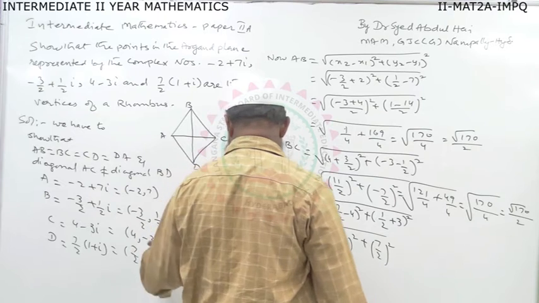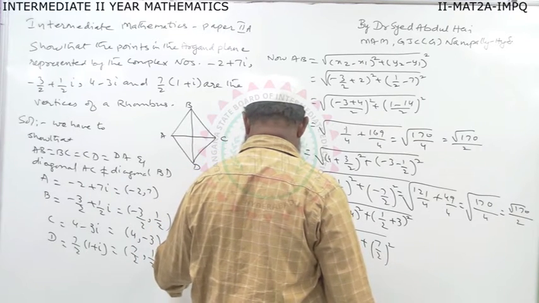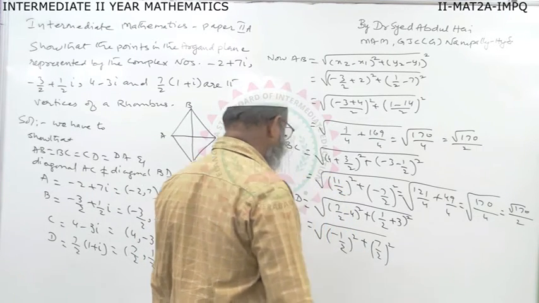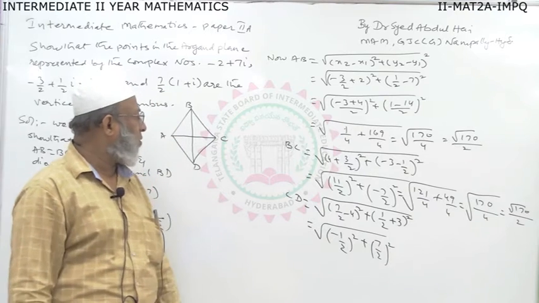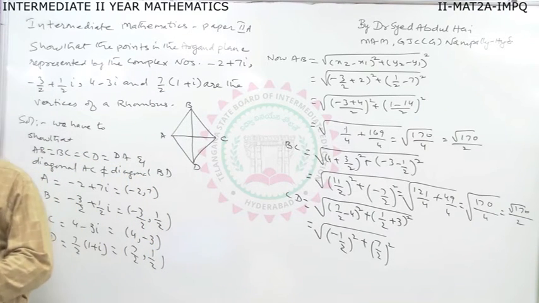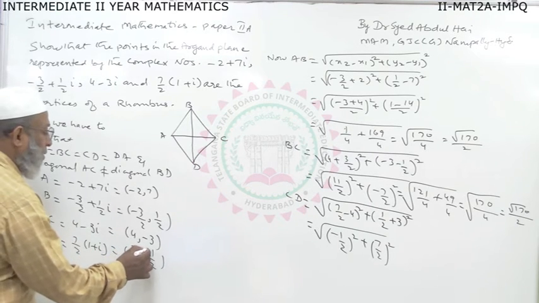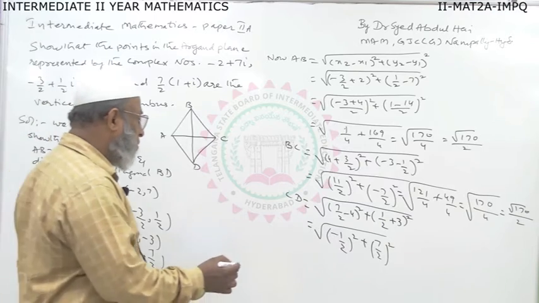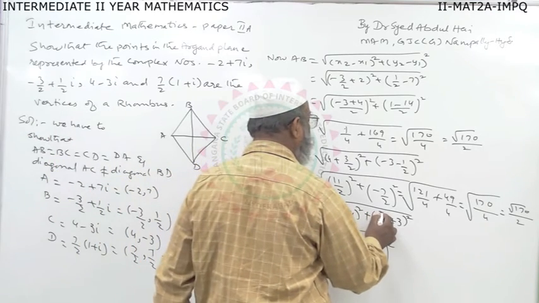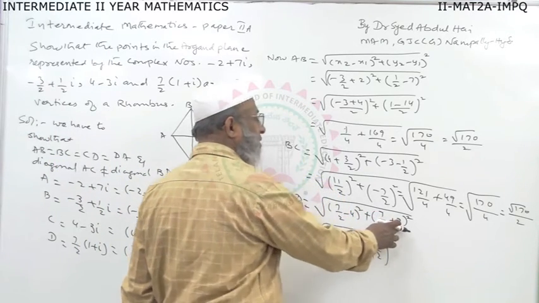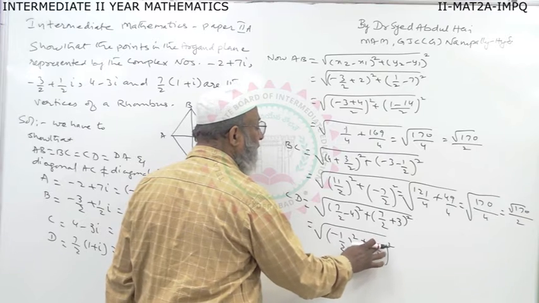So 7 by 2 minus 4 whole square, 7 by 2 minus 3, plus 1 by 2, which is 7 by 2. Okay. So this is also 7 by 2. So 2 3s are 6, 6 plus 7, 13.